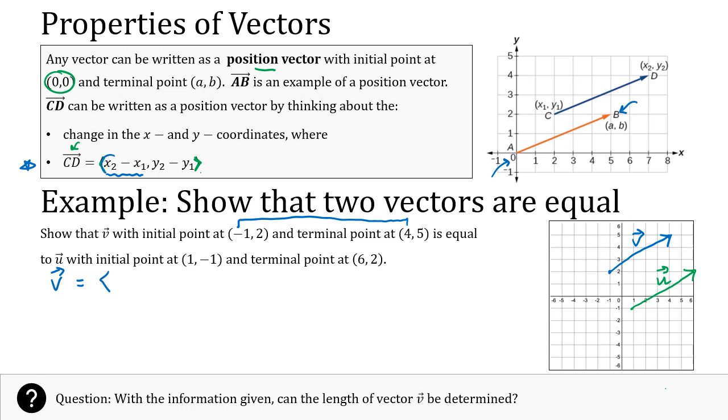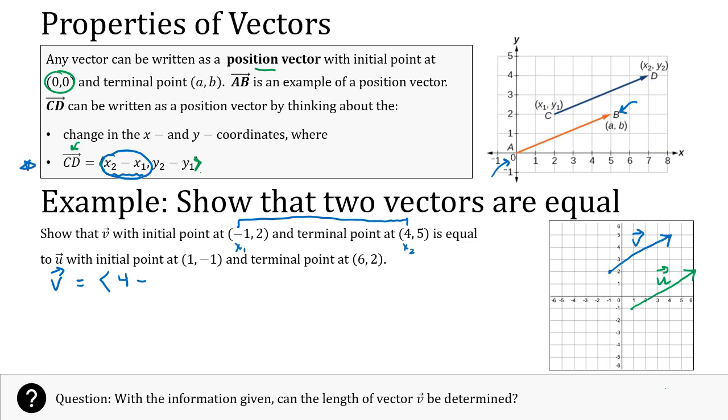This is very specific. Subtraction is not commutative, so the order here makes a difference. I'm going to start with the x value of my terminal point, which in this case is 4. I could call that my x sub 2. And I'm going to subtract from that the x value of the initial point, which I'll call x sub 1.